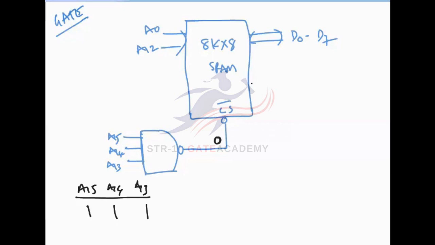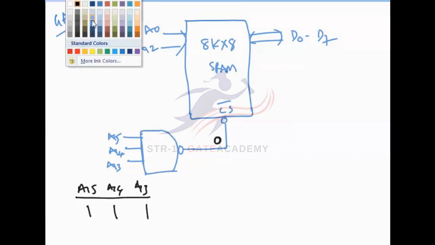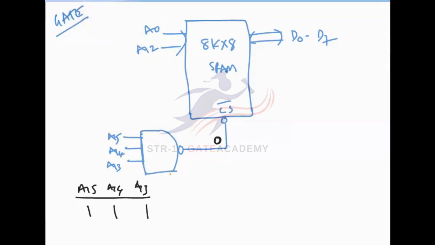And again, this memory is connected with 13 address lines. Those 13 address lines determine the starting and ending address locations. So I am writing those address lines here: A12, 11, 10, 9, 8, 7, 6, 5, 4, 3, 2, 1, 0.